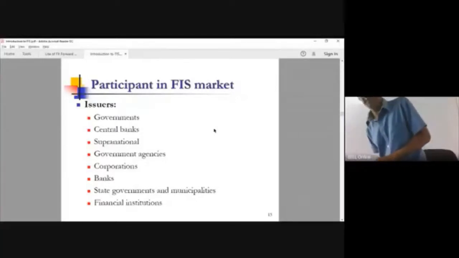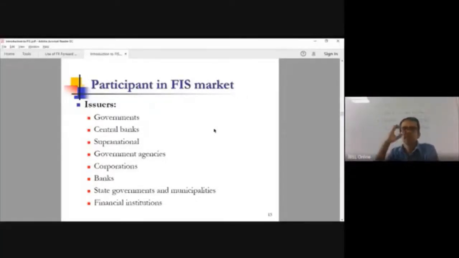So, participants in the fixed income market. There are many types of issuers. Governments, even central banks sometimes issue bonds, maybe to borrow money or maybe to absorb liquidity from the market and use it in open market operations.